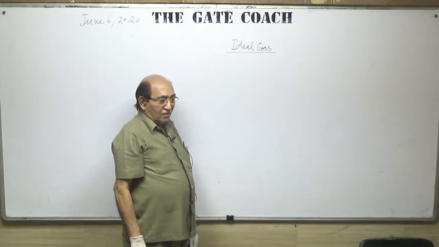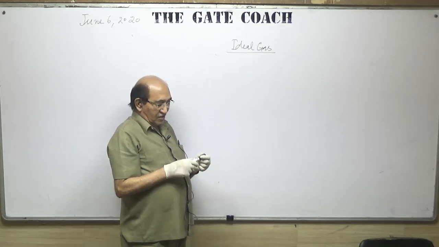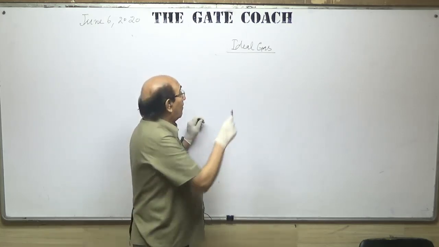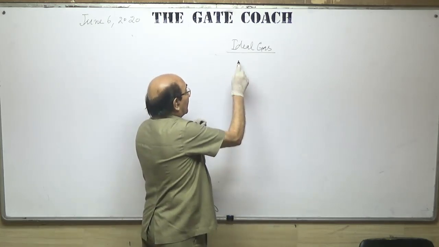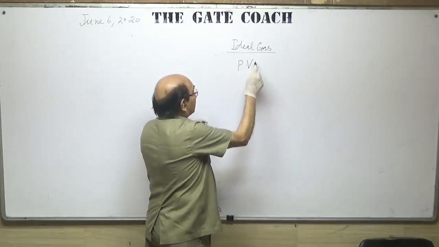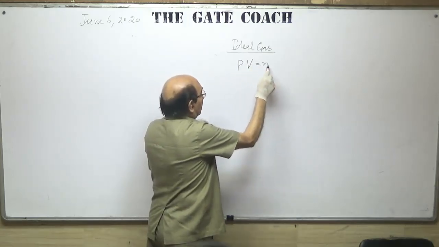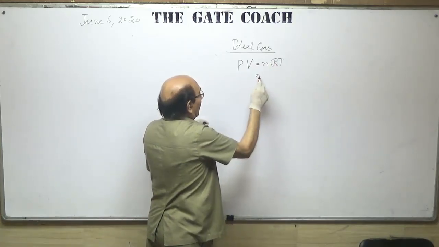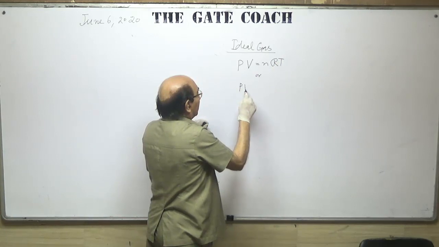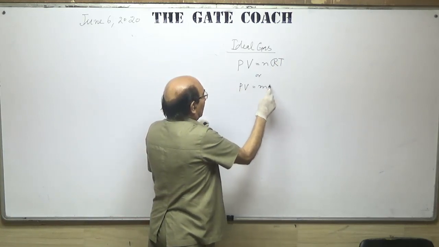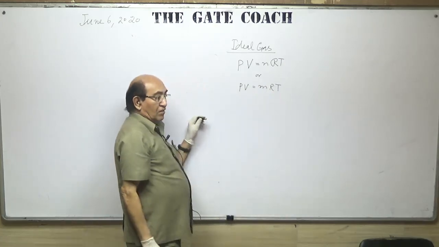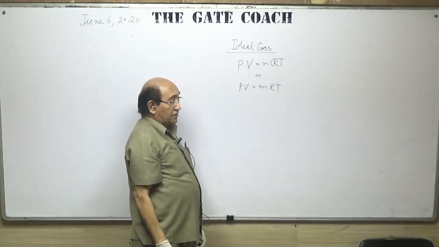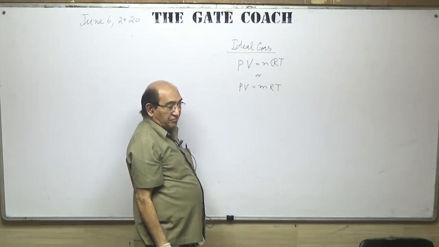What is expected from you? First, any gas that satisfies the relation PV = nRT, or PV = mRT, can be defined as an ideal gas.